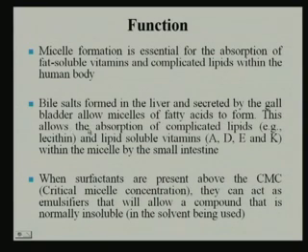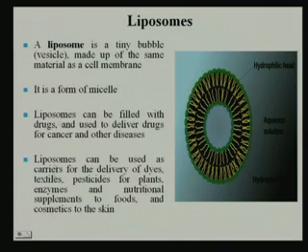This allows the absorption of complicated lipids, that is the lecithin type of lipid, and lipid-soluble vitamins, that is vitamin A, D, E and K, within the micelles by the small intestine. When surfactants are present above the critical micellar concentration, they can act as emulsifiers that will allow a compound that is normally insoluble in nature.